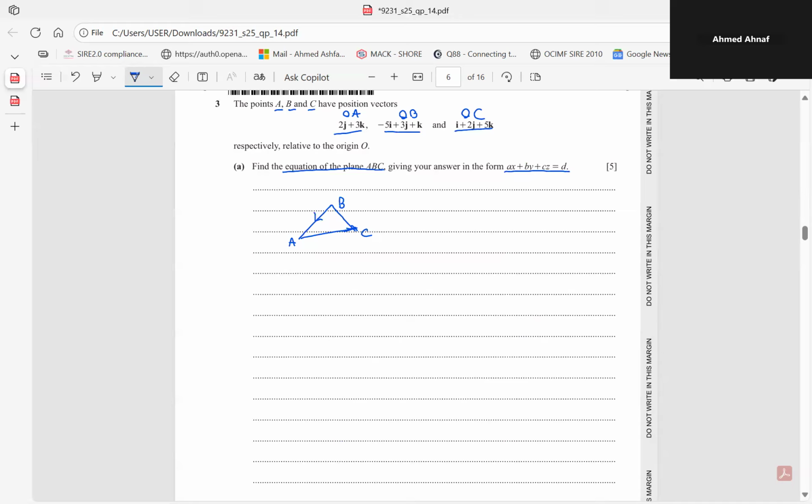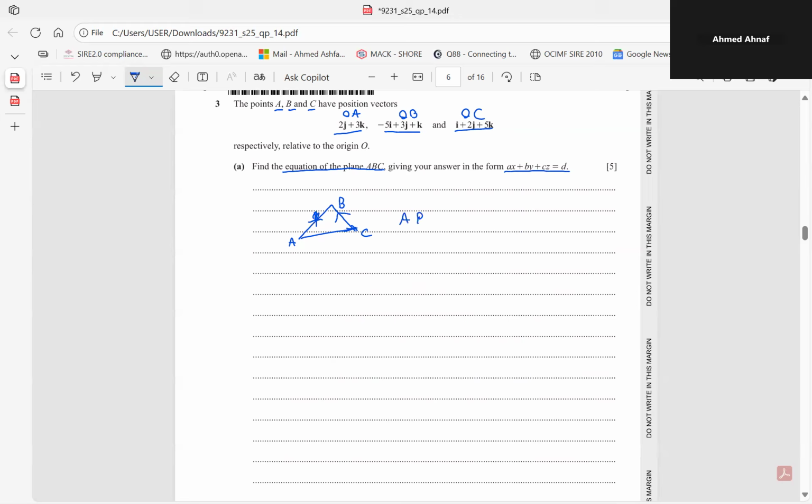One of them is AB and the other one is CB. Let's use these two direction vectors.